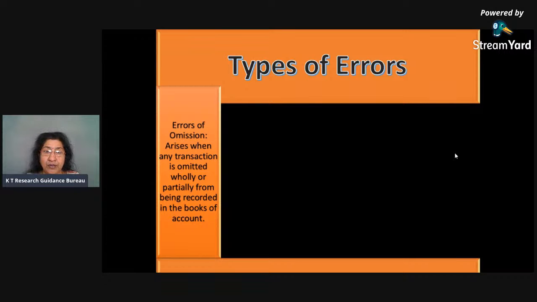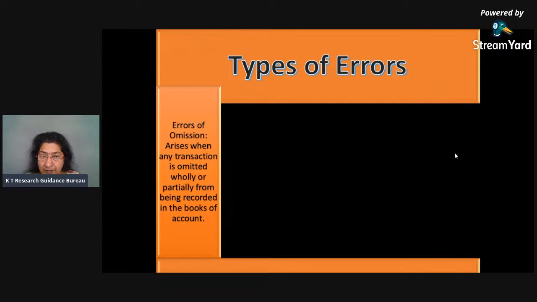That time your trial balance will tell and total will be less by that much amount. And another one is partially omitted, means you debited one account but not credited another account, or vice versa also. That is considered as errors of omission.